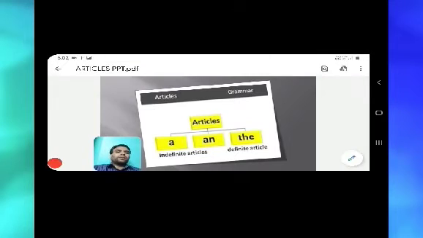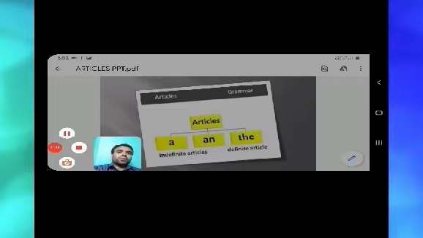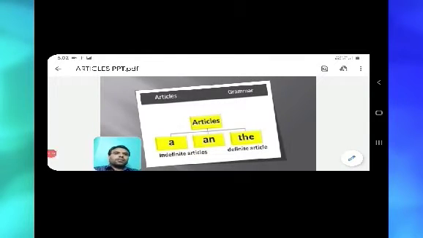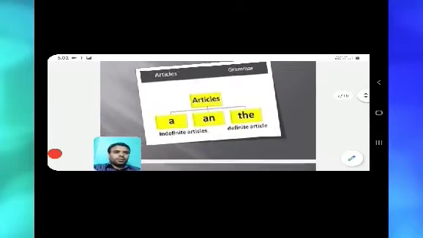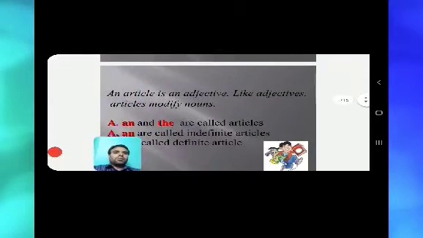So let us see what a definite article is and what an indefinite article is, how to use them, where to use them, and what the difference is between definite and indefinite articles. All these things today we are going to learn. So let us move forward and know some more things about the articles.